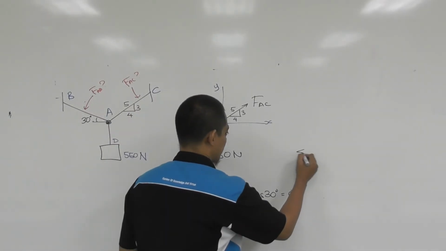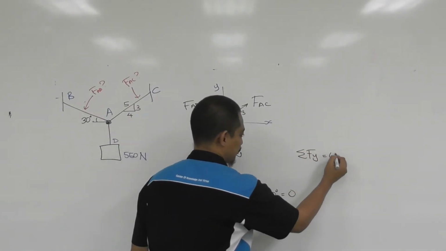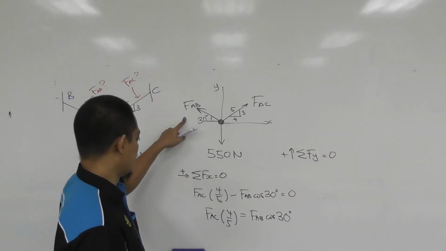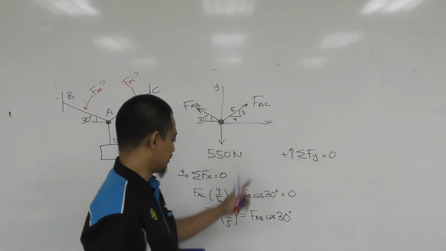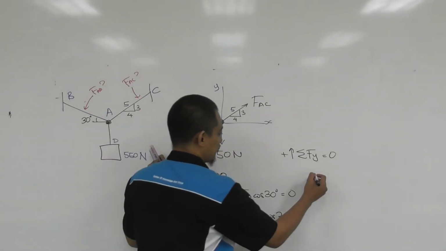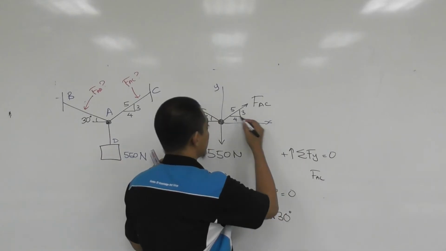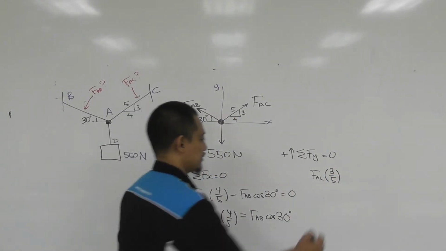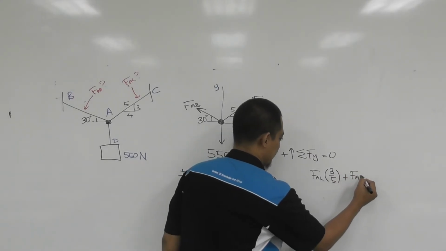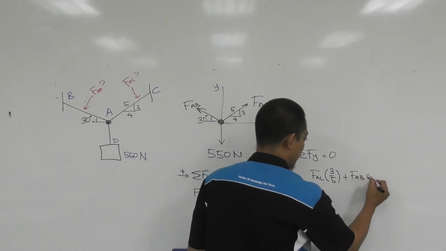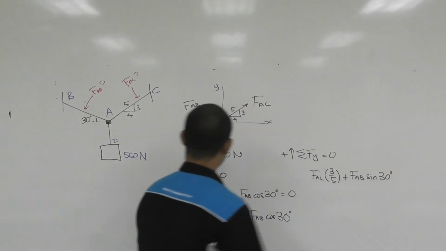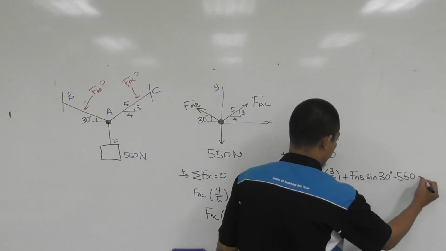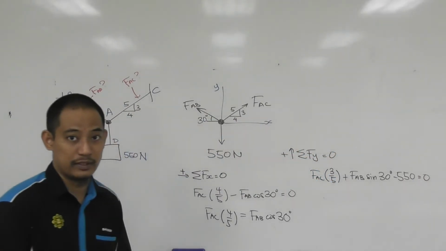So you also have summation of Fy equal to 0. Let's say you take upwards as positive. So here, let's start here just to be consistent, you have FAC 3/5, and then plus FAB sine 30 degrees, and then minus 550 equal to 0, right?